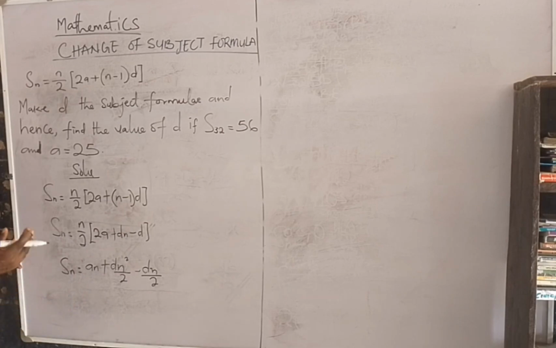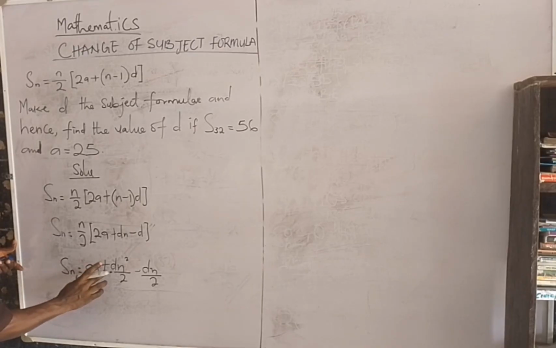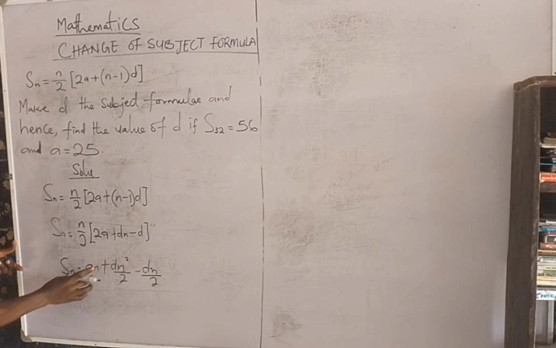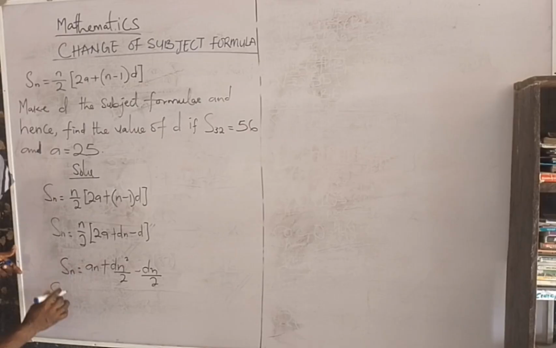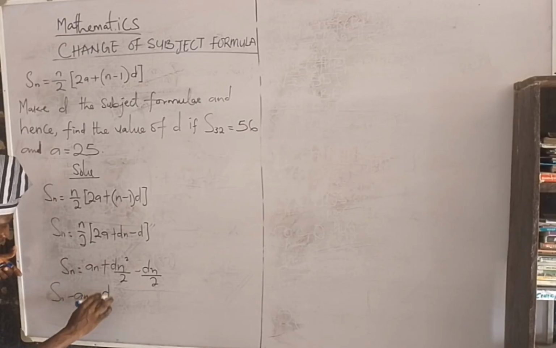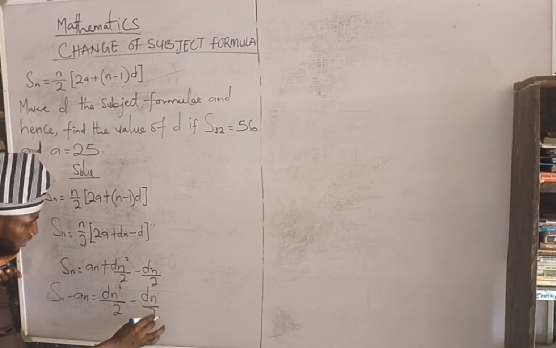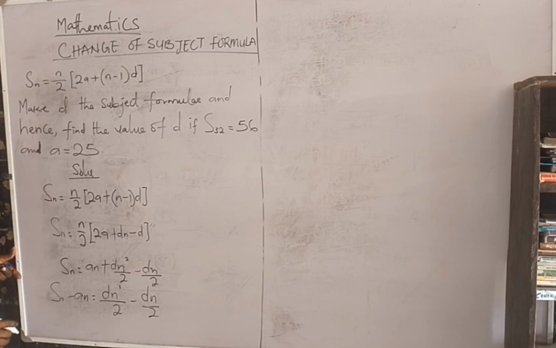Now we have finished simplifying the brackets. There's no bracket again, so the next thing we'll do is to take the an to the left hand side and leave everything related to d. Since we want to make d the subject formula, we'll take the an to the left hand side, and that gives us Sn. When this comes here, it becomes minus an is equal to dn square over 2 minus dn over 2.